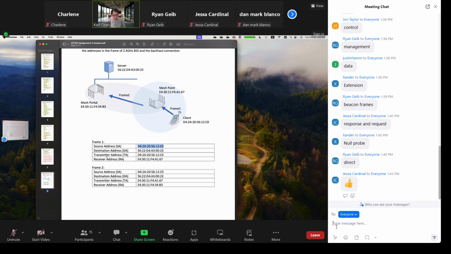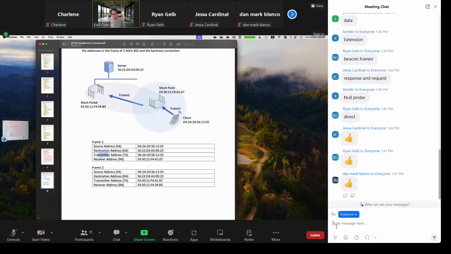However, the transmitter means the transmitting radio, which is the MAC address of the radio, which is the client, and the receiver address is not the server, but the mesh point. This is the mesh point address. Is that clear? So make sure you understand the source address, destination address, transmitter address and receiver address.